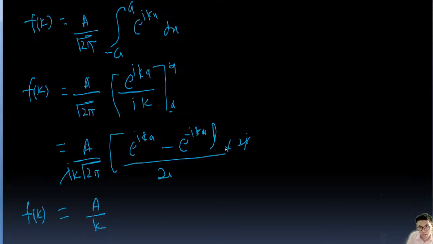So this is going to be 2 upon root pi sine ka. Okay, this is the answer because 2 is also here and root 2 will get cancelled. So root 2 upon pi sine ka. This is the answer actually, right?